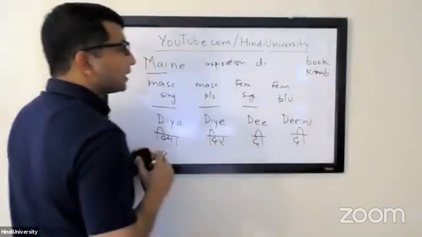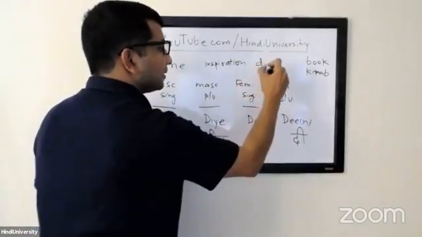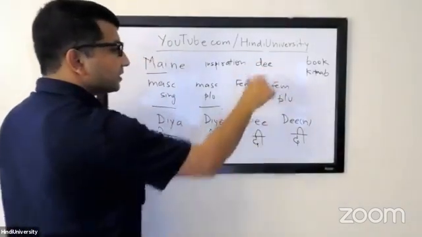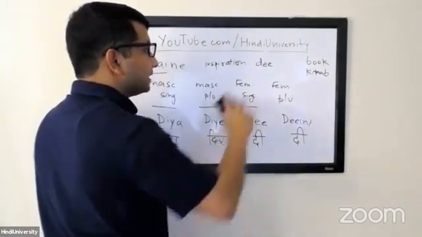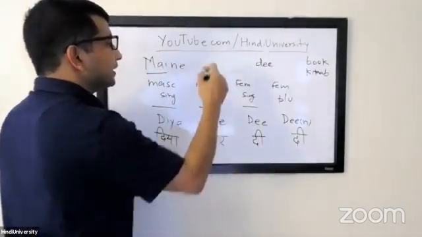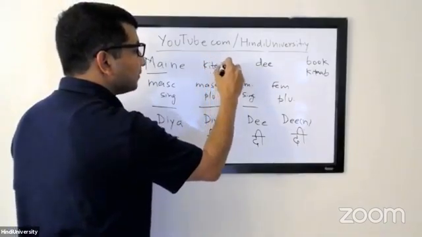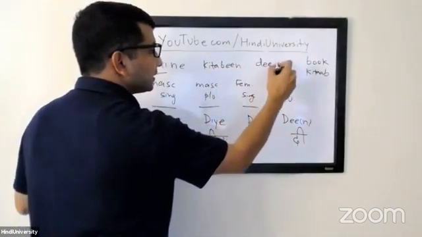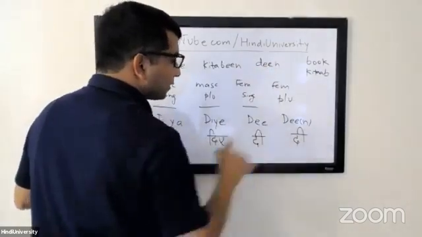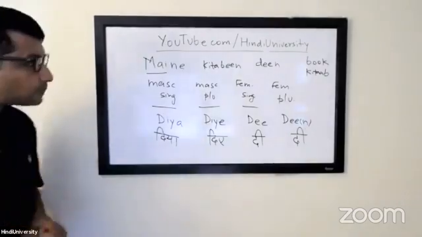Similarly, if I am saying something which is feminine plural, it would be मैंने किताबें दी. That's your feminine plural.